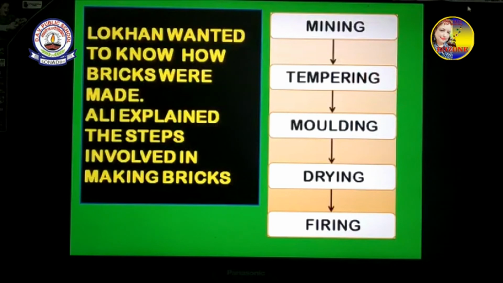So this much I think is enough for all of you. Up till now you have seen about temporary house, permanent house, and then the materials used to make the temporary houses and the permanent houses also. Then you have seen Lokhan's village, Dong.